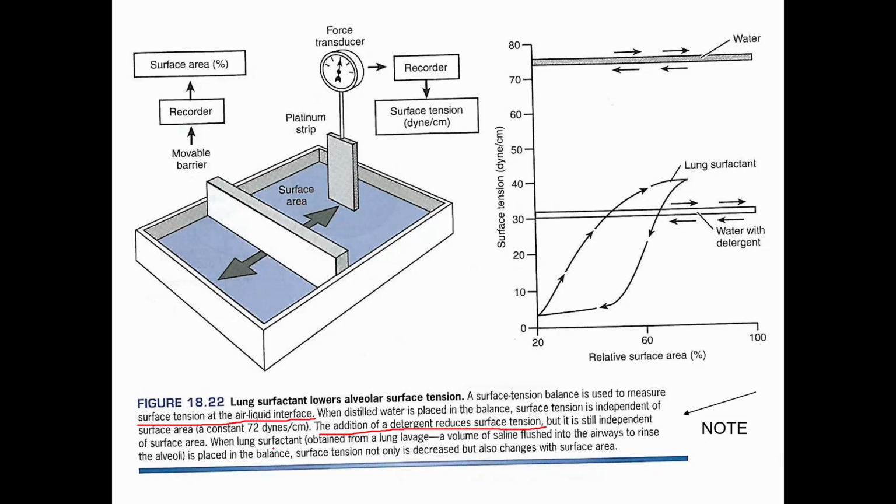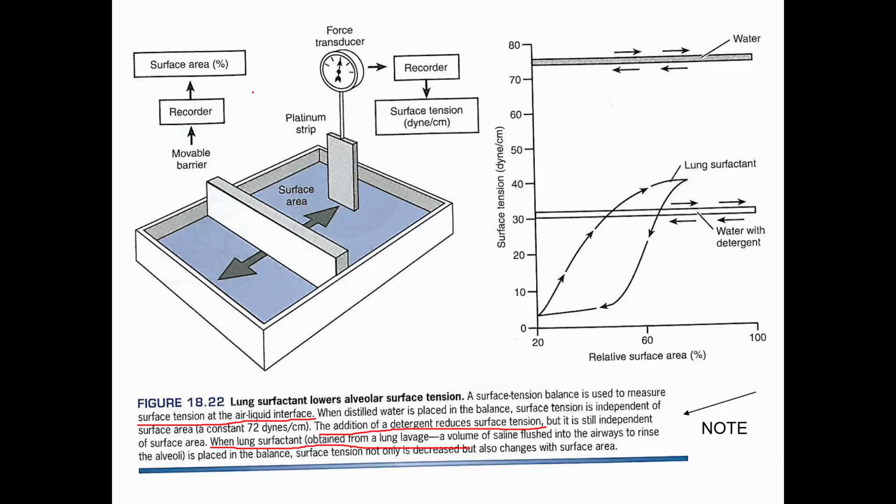And then they could also do experiments where they could lavage the lungs, get some surfactant from the lungs, and repeat this experiment. So, interesting thing, with water alone, the surface area doesn't matter.